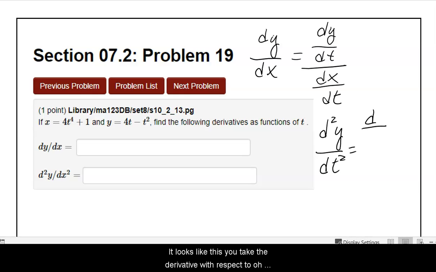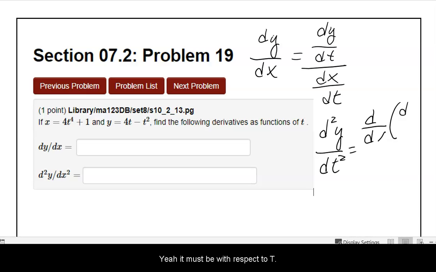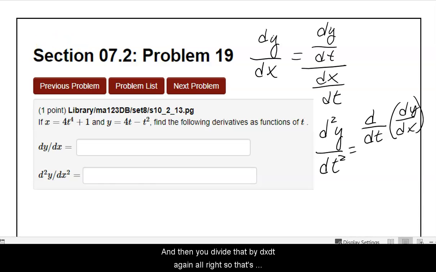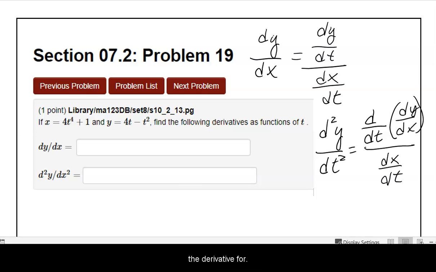You take the derivative with respect to t of the first derivative, dy dx, which you got from this formula here, and then you divide that by dx dt again, all right? So that's the formula for the second derivative in a parametric equation. So let me just pause real quick and check the formula just to be sure I've got it. Apply it to these equations right here.